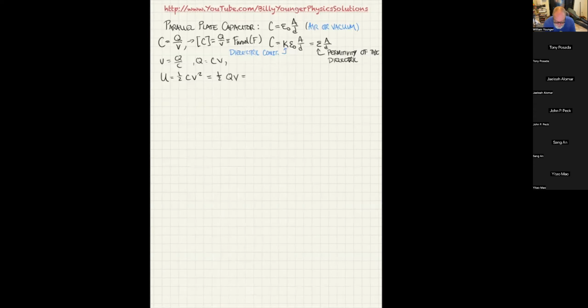Now, you could also, instead of replacing the C, replace the V with Q over C, and then you'd get 1/2 C times Q squared over C squared, which would be Q squared over 2C. So those are the three formulas that you use for the energy stored in the capacitor. And really, that turns out to be the energy stored in the electric field. And I'm going to use that a little later.